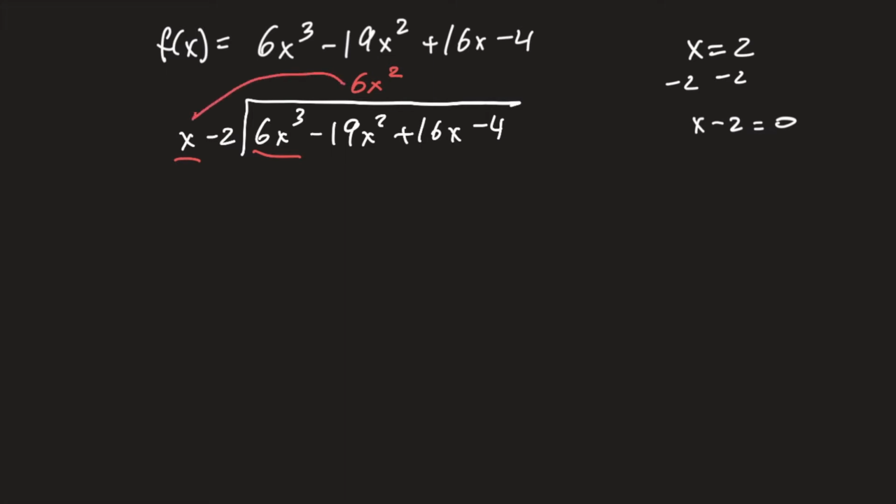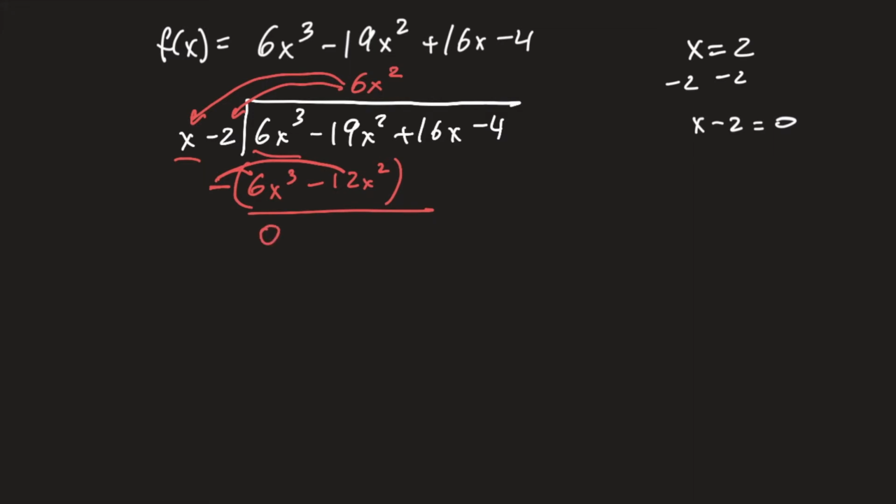Now I'm going to multiply 6x squared times x. That is obviously 6x cubed. And 6x squared times negative 2, which would give me negative 12x squared. If you recall in long division, now I'm going to subtract that from the top. Just keep in mind you have to distribute the negative. 6x cubed minus 6x cubed obviously goes away, so that's 0.